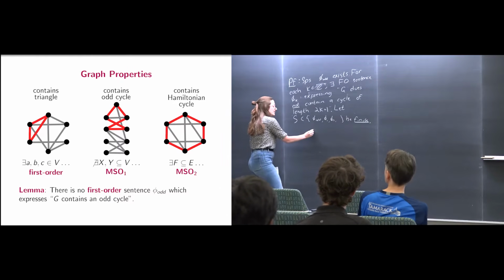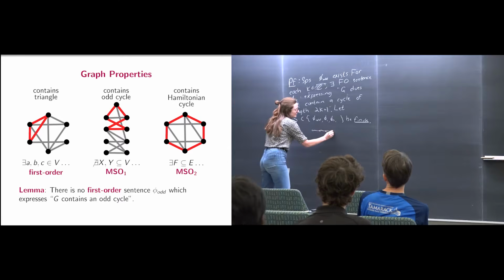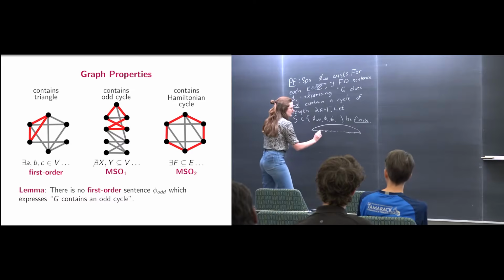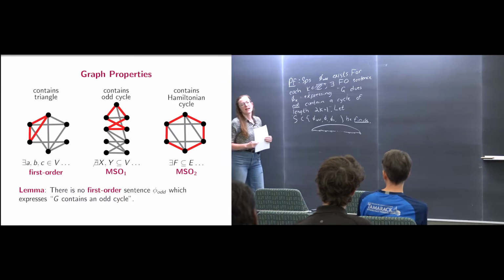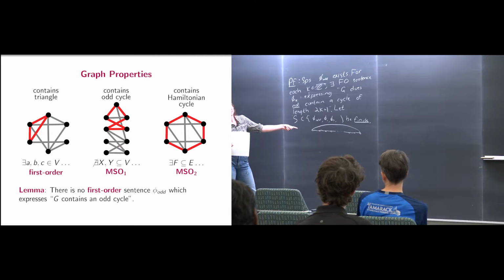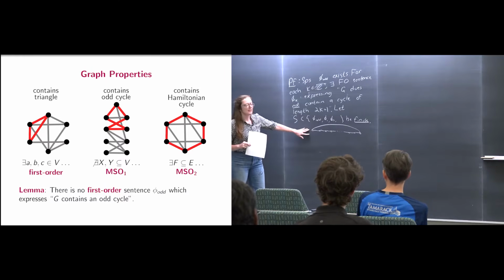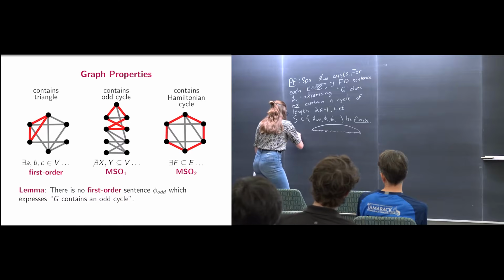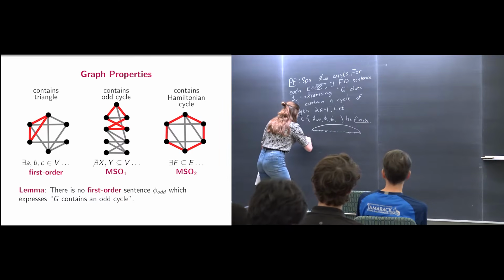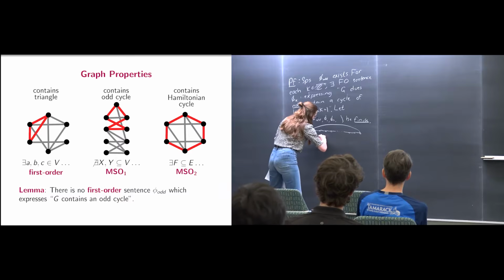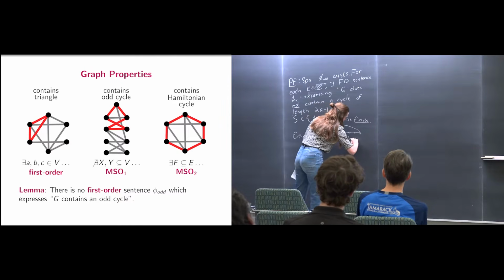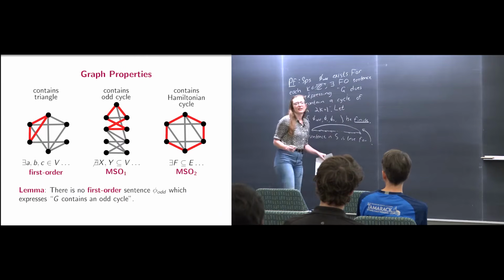And if I take a sufficiently large cycle, then every sentence in S is true for that. Because this does have an odd cycle, but it doesn't have any short odd cycle. So every sentence in S is true for a sufficiently long cycle.